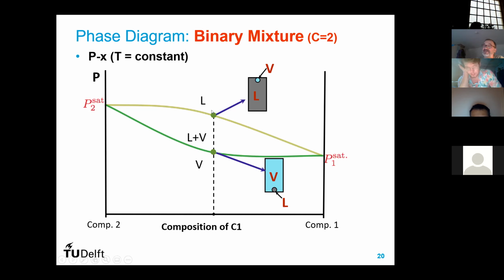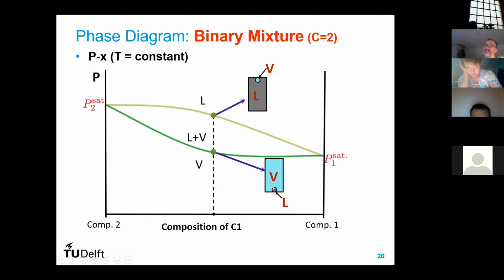That means here I have a single phase composition where I have the last bubble of gas. Here I have a single phase composition. I mean, they are formally two phase, but just on the border.